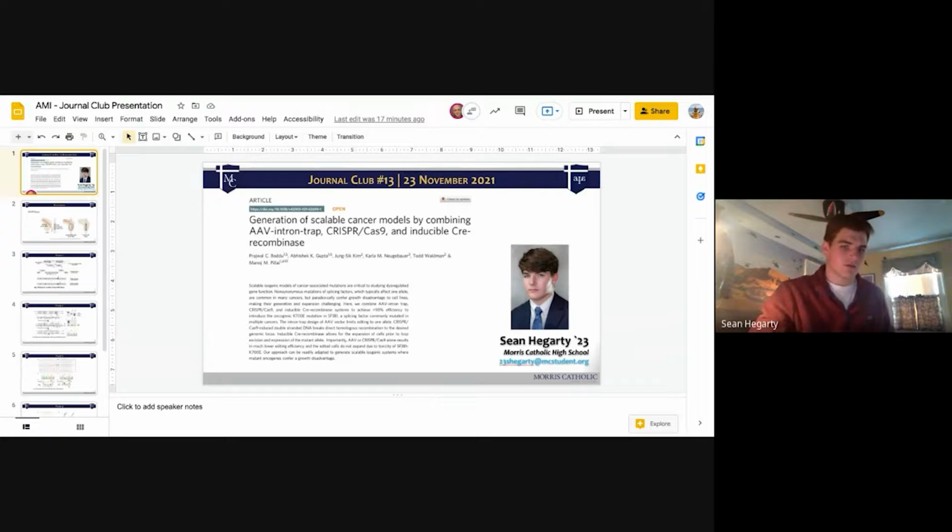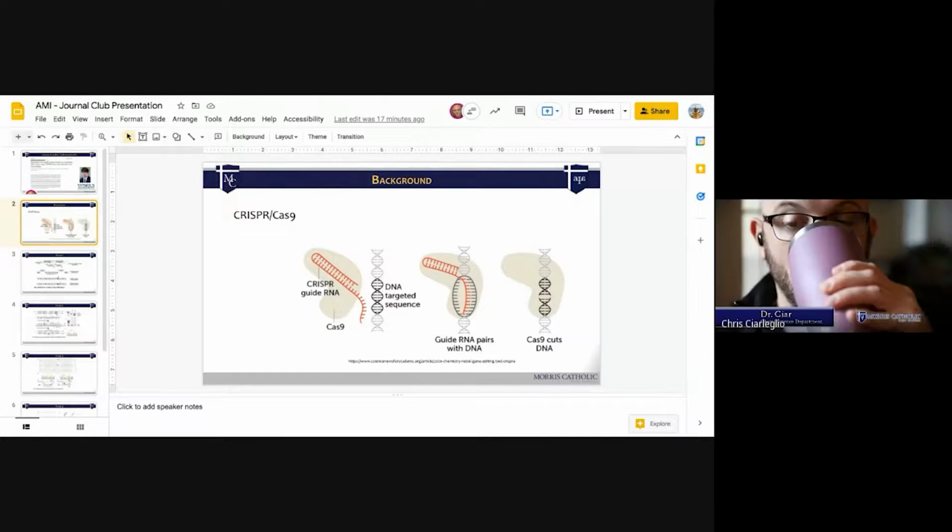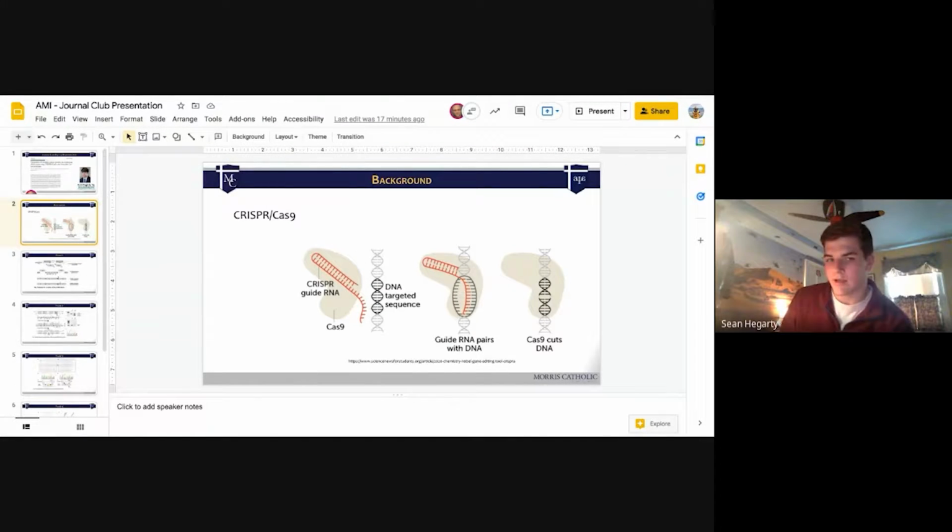Cre recombinase. And some background you need to know for this is what CRISPR-Cas9 is and what it does. CRISPR-Cas9 is a gene editing tool that is typically used to knock out genes. And as you can see in the diagram, it has basically two components, the CRISPR guide RNA and the Cas9 protein.